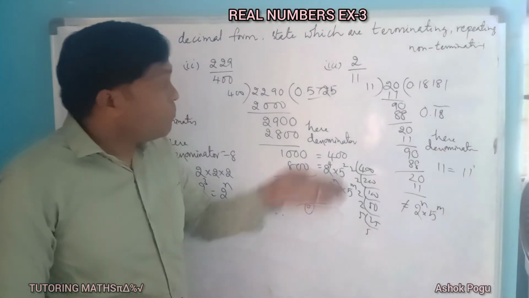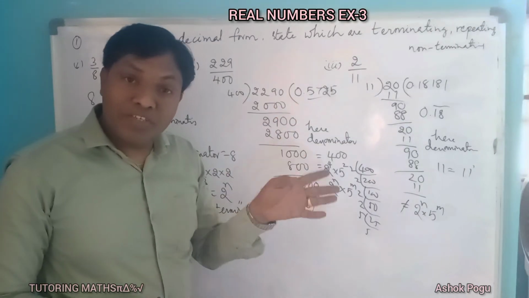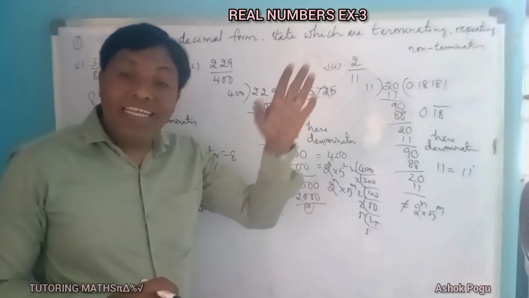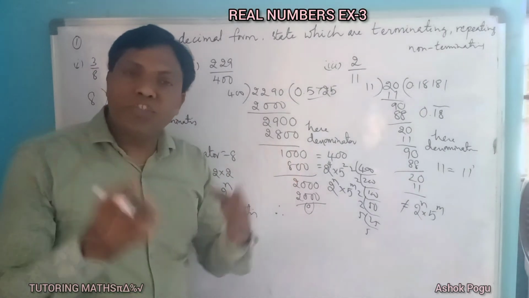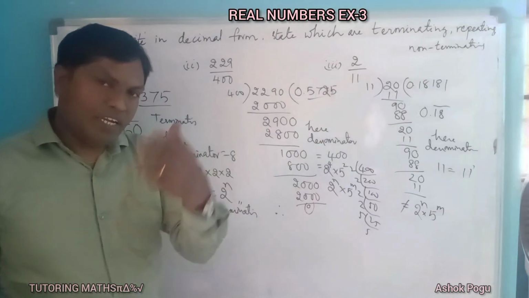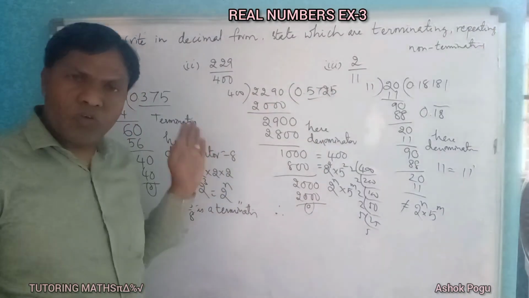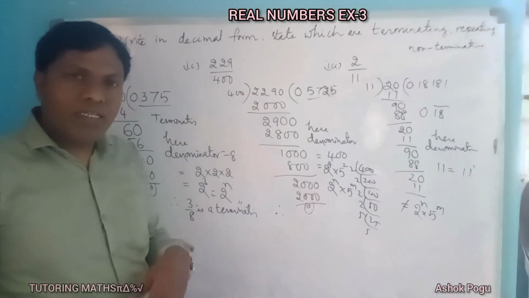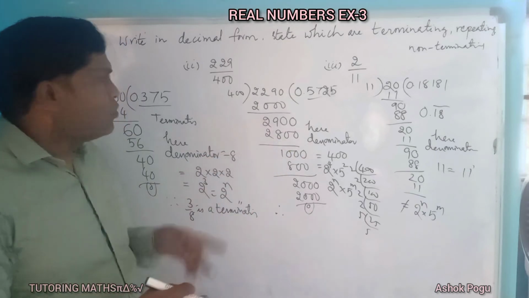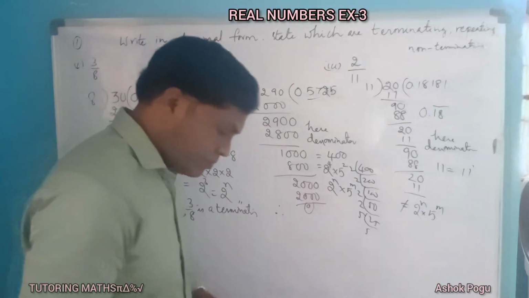So therefore, 2 by 11, a rational number, gives us a non-terminating repeating decimal. So this should be your answer. So my dear students, only one more question is left that you can do at home, because these are very simple questions with a very simple formula. Okay, that's it. Let's continue to the second bit now.